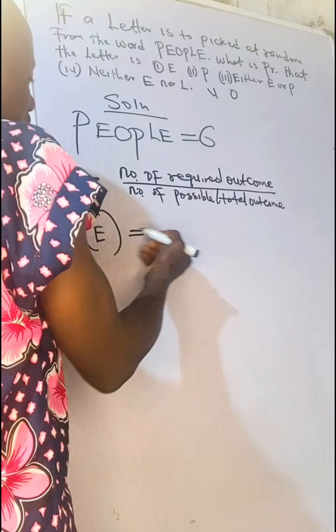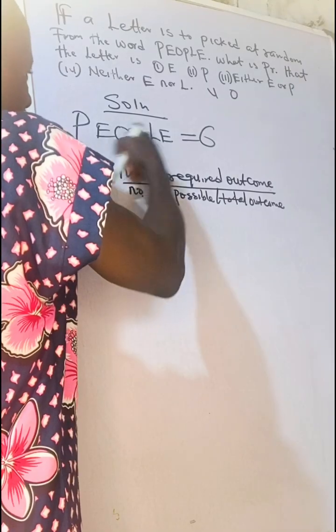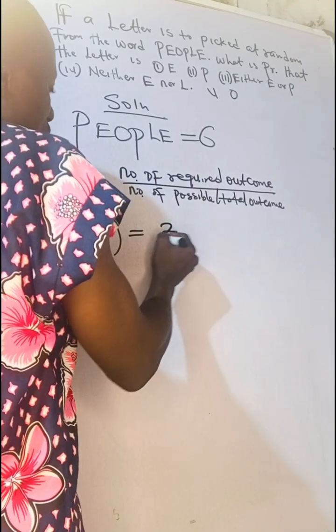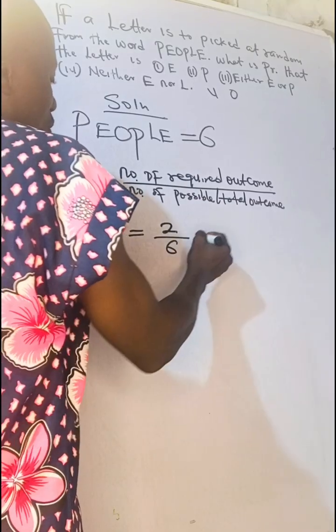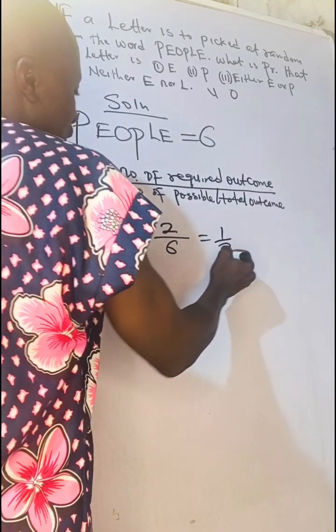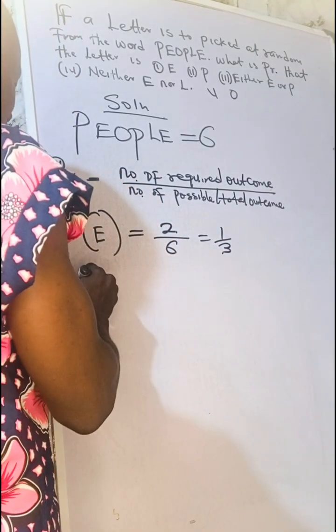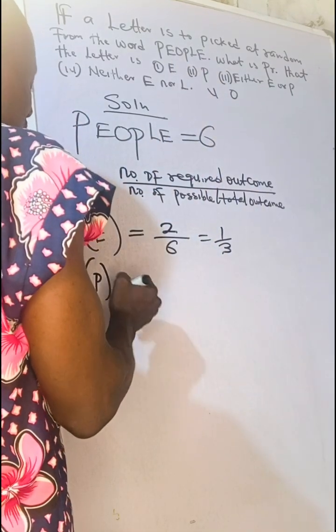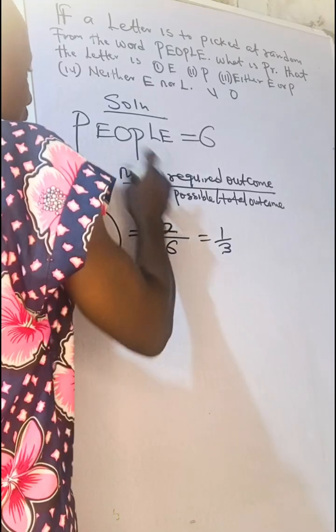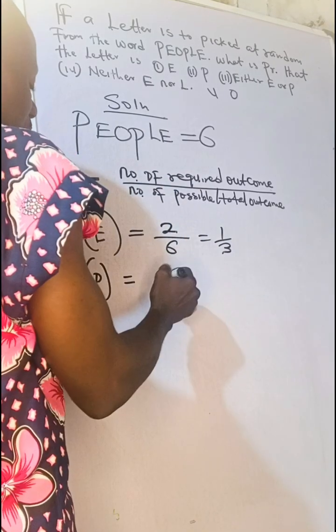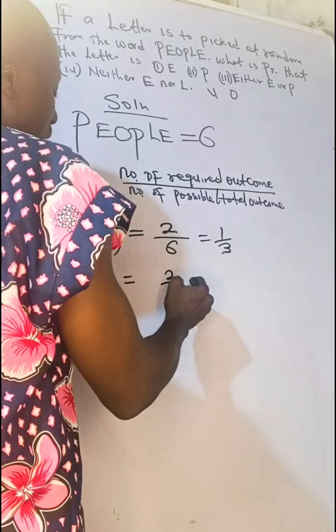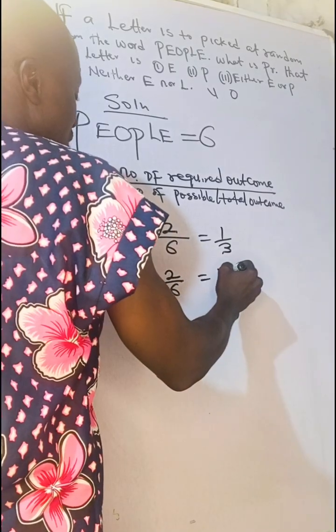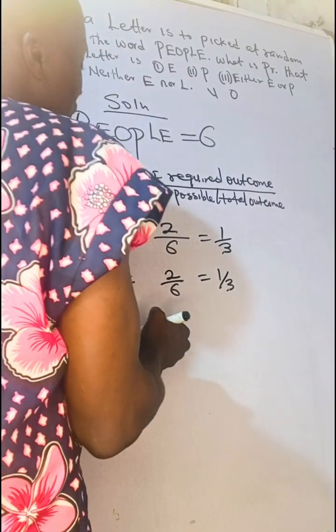We're expecting to pick E. It means that the number of expectation is 2 over the total, which is the same thing as 1 over 3. Question 2, probability of picking letter P. There are 2 letter P in people. It means 2 over 6, which is the same as 1 over 3.